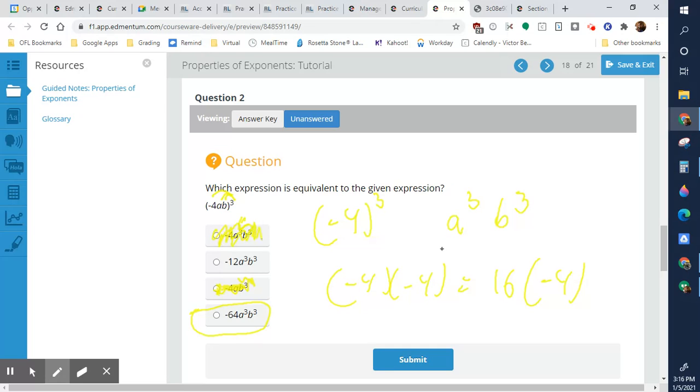That third needs to be distributed to that 4. This one, they're tricking you too, because they're just doing 4 times 3, which is not the case. -4 to the third is supposed to be -4 times -4 times -4. It is not -4 times 3. So the only possible answer is this one.